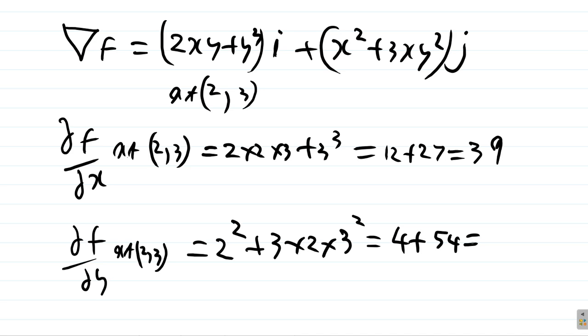So then 54 plus 4 is 58. So there you have that. So the gradient vector is 39i plus 58j.